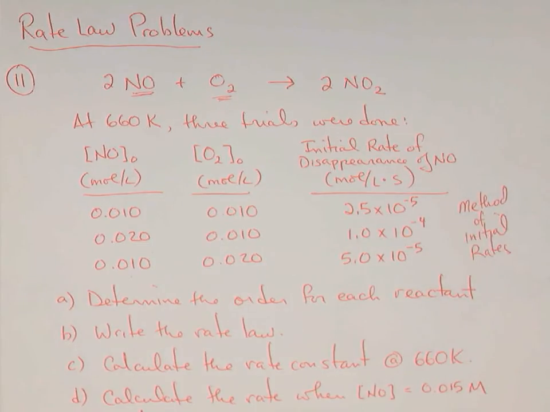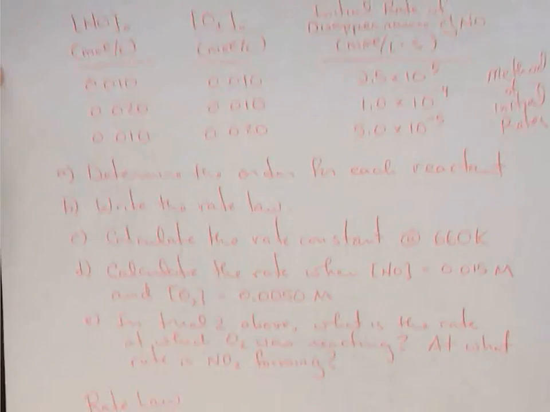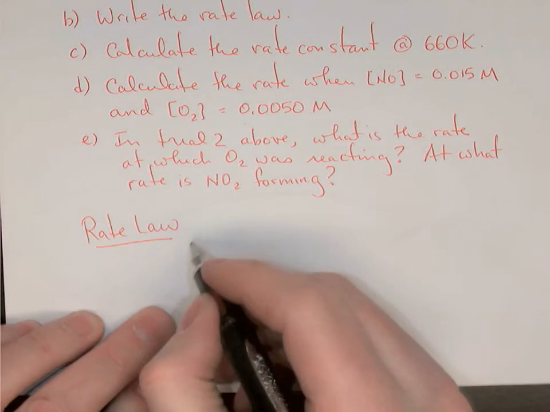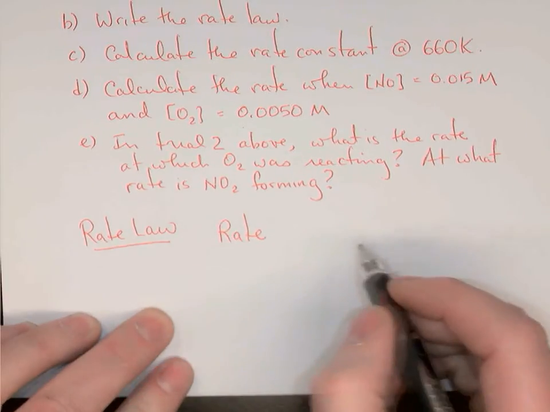So we're going to look at the effect of concentration of those reactants on the rates. Since there were just the 2 reactants, we can write a rate law that looks basically like this.